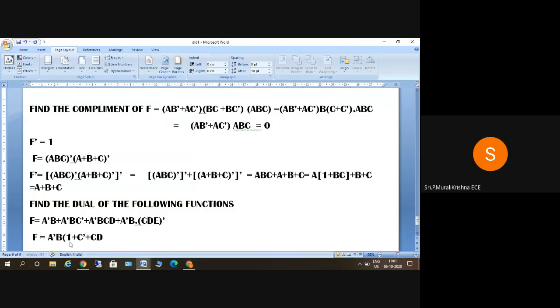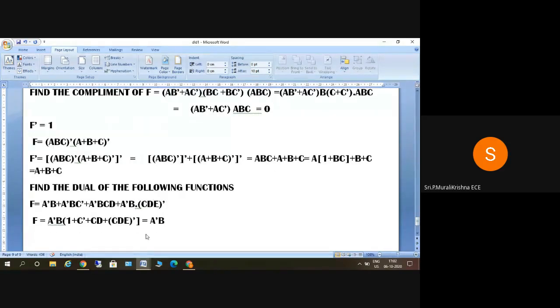So 1 plus anything is 1. So the answer is equal to A bar B. And this is a normal function.